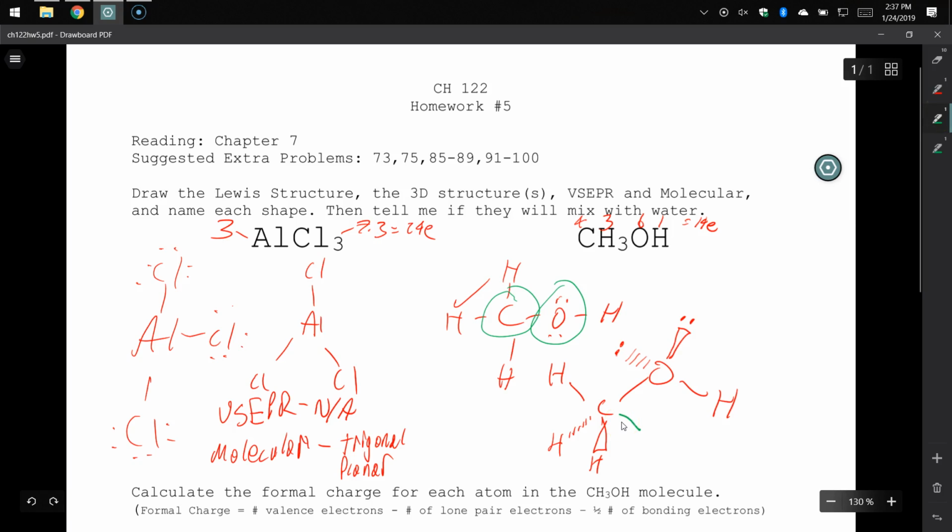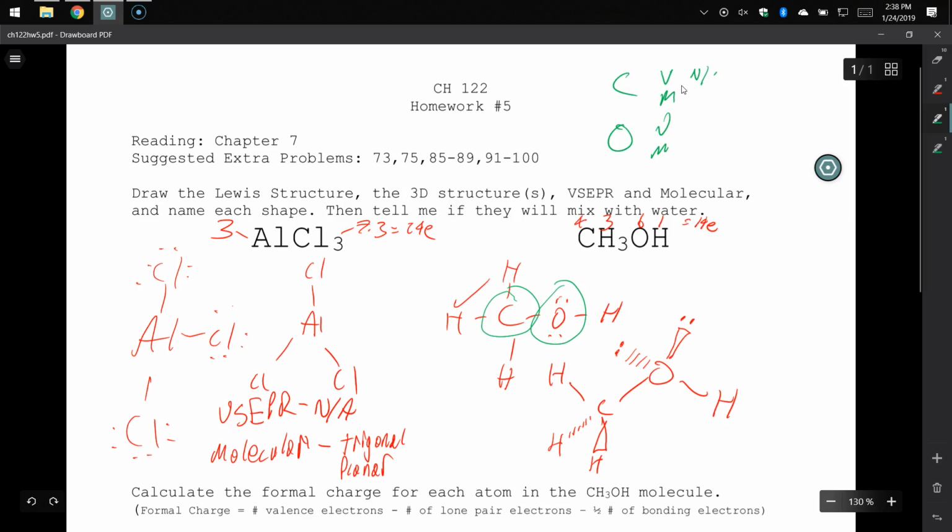Let me do it over here. Let's say carbon and oxygen, I'll put oxygen up top since I don't have any space. And then there's a VSEPR and there's a molecular shape for each. Does that make sense? So what's the VSEPR shape around the carbon?